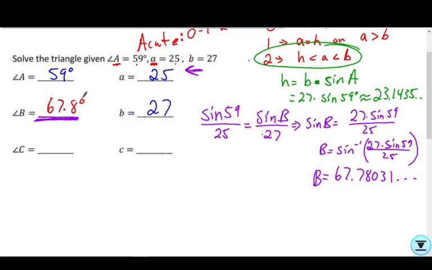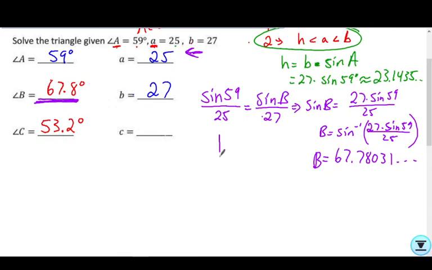Now that I have two angles, I know that they all have to add up to 180, so I can solve for C, and I get C's angle, which is 53.2 degrees. Now that I have that, I can find side C. And again, I'm going to use the same starting ratio.